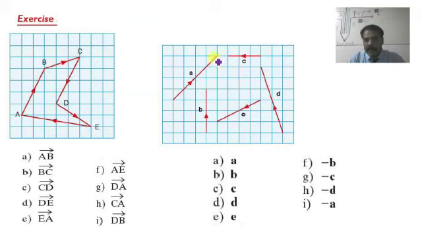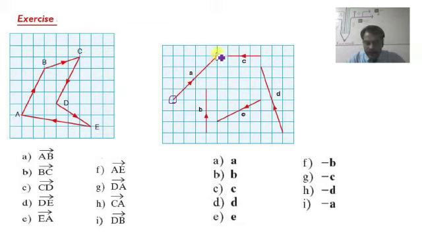Let us see this question. Here some vectors are already given on graph paper. Vector a, vector b, vector c, d and e. So we have to find out the values of these vectors. So I will help you to find out the value of vector a. So we will start from this point, because this is the starting point of vector a, it is moving in the upward direction, and this is the end point of the vector.